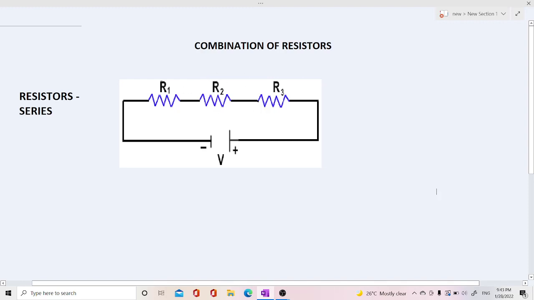In series, which means the first end of the resistor 1 is connected to the negative terminal of the battery, and the second end of this first resistor is connected to one end of the resistor 2, and again this resistor 2 is connected to one end of the resistor 3, and the other end of this resistor is connected to the positive terminal of the battery.